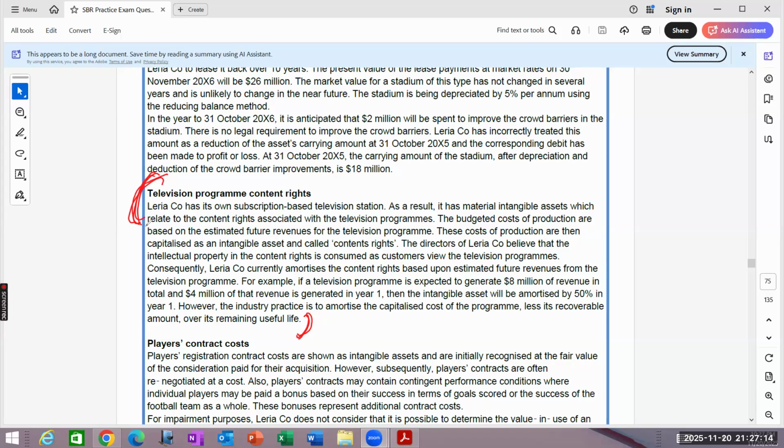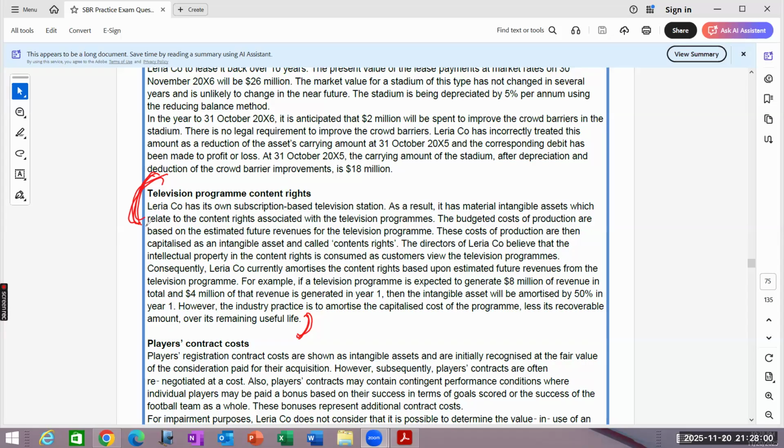So have you read it? So the story is that Lydia has a subscription-based television station, and they have material intangible assets relating to content rights associated with the television programs, and the amortization method which they are using is based on the watching time, consumption based, okay, and their competitors are using the useful life straight line based method for the depreciation.